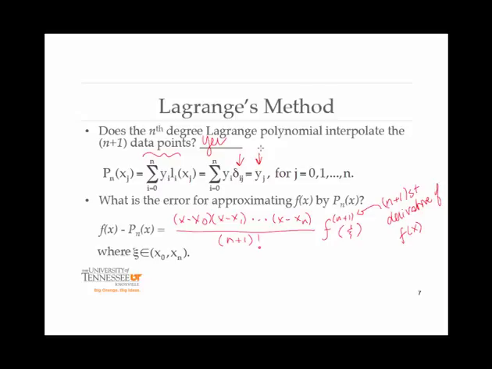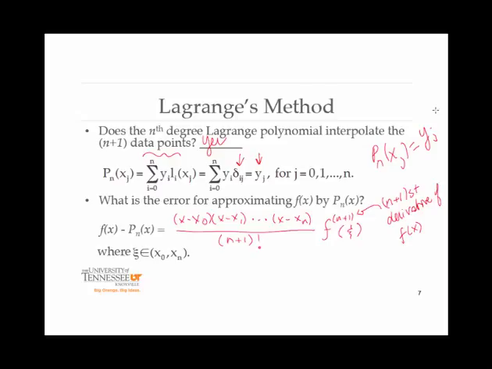Therefore Pn of xj will always be equal to yj, which is what we mean by interpolation: when you plug in the x-coordinate, you will always get the y-coordinate back. The function will fit through all the data.